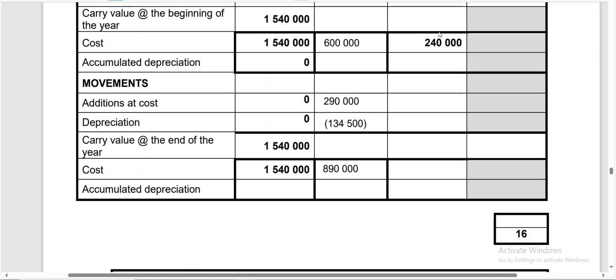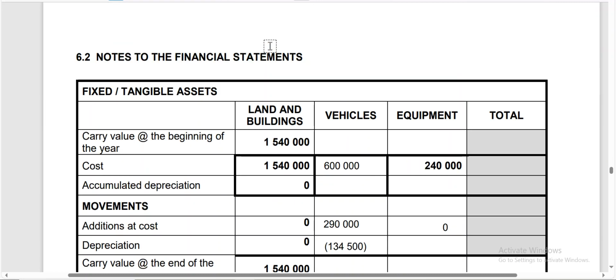The cost price at the beginning and the cost price at the end will be the same. Under addition we would have 0 because they didn't buy anything, so our cost price at the end will be 240,000.